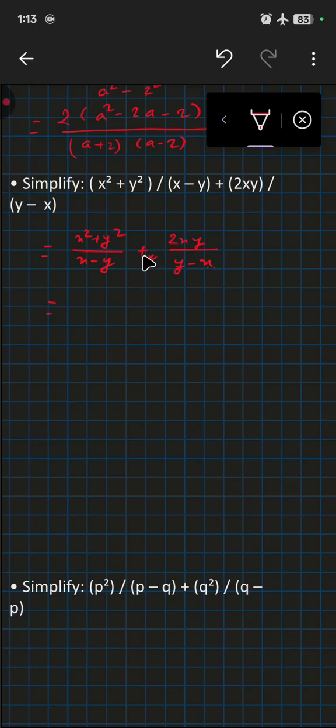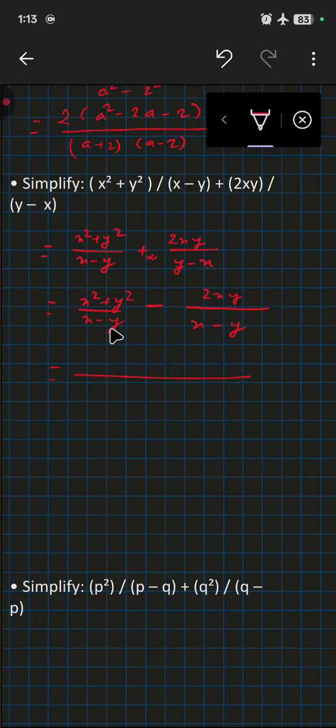If minus was there, we have to make plus. If plus is there, we have to take minus. We are taking common. So this I will write same to same, x minus y. Only I'll make changes in this sign minus. As I have changed the sign over here, these terms will be interchanged. y will go to x place and x will come to y place. So this is how it is done.